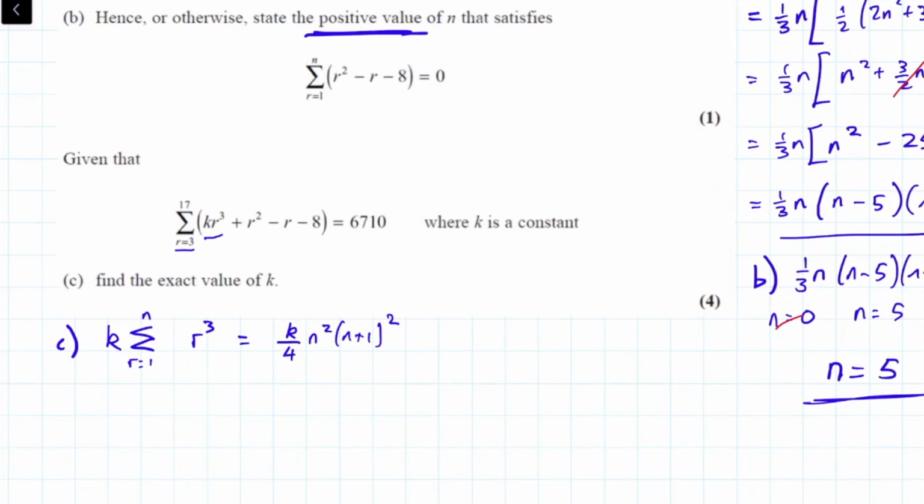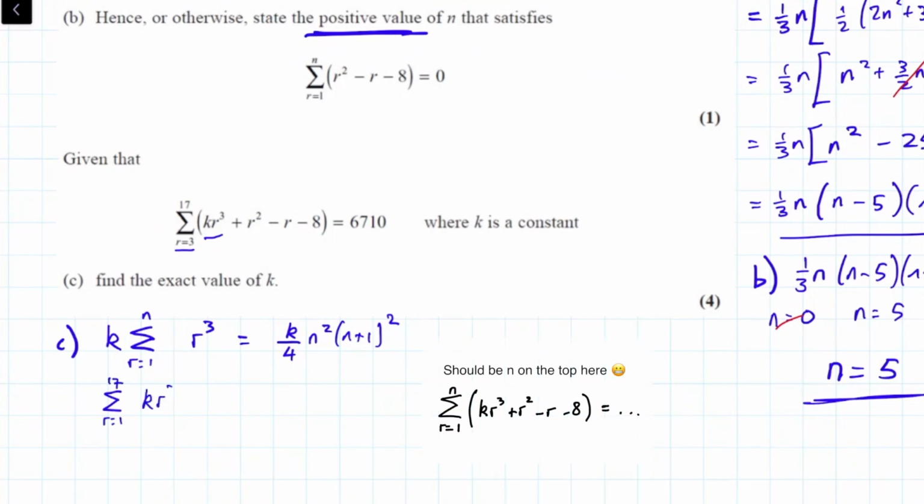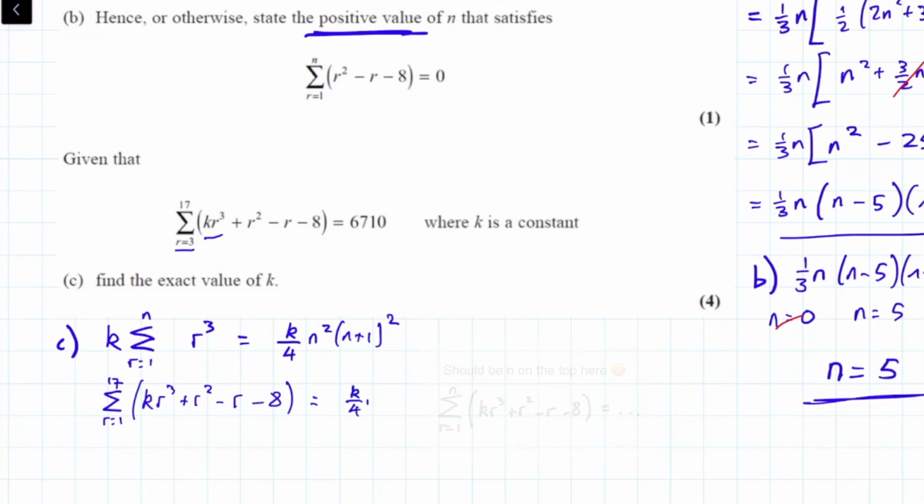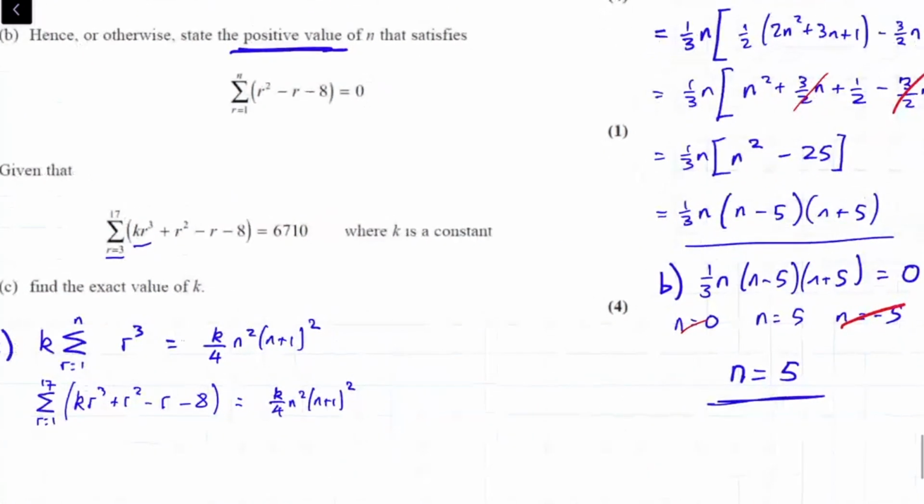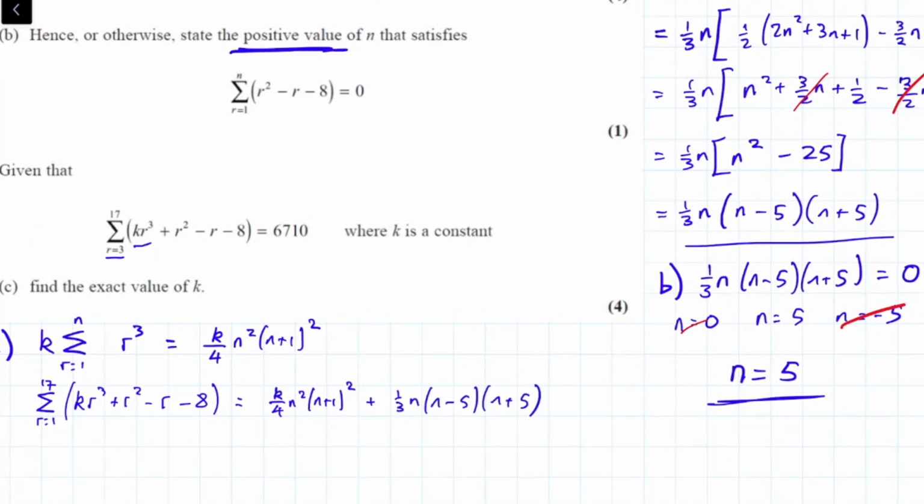If we had r equals 1 to 17 of kr cubed plus r squared minus r minus 8, if it were 1 on the bottom, we would now have k over 4 n squared, n plus 1 squared. And then we'd have the thing from before. We'd have the 1/3 n, n minus 5, n plus 5. So we've got our formula.